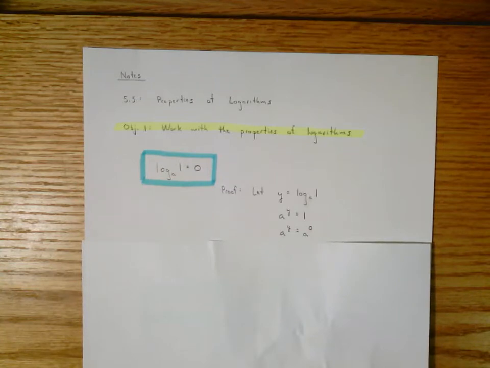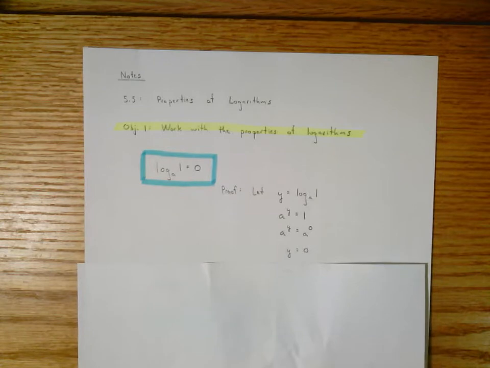If two equal powers have equal bases, they have to have equal exponents, so the value of y must be 0. Looking back at how I started, letting y equal log base a of 1, substituting back in shows that log base a of 1 has to be equal to 0.